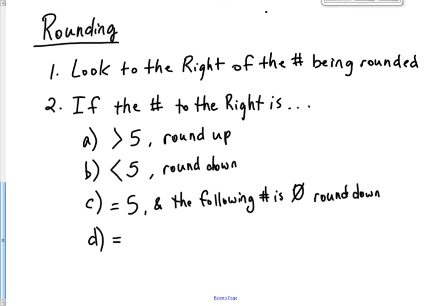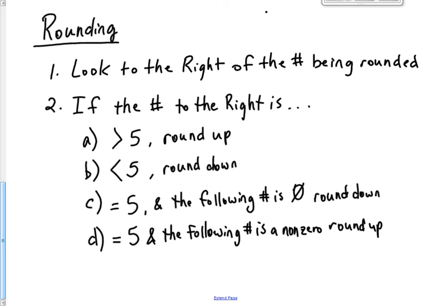And then the last scenario is if the number to the right of your number being rounded is 5, and the following number is a non-zero, round up.